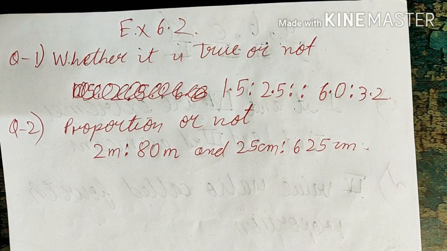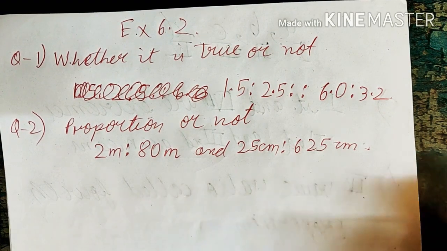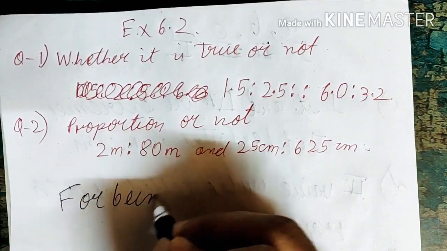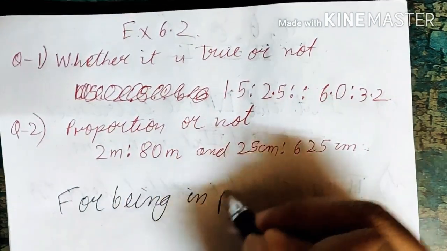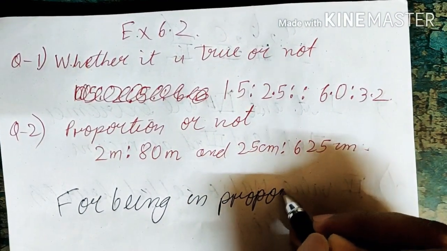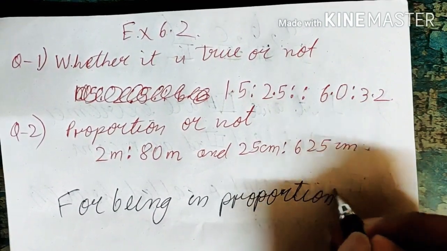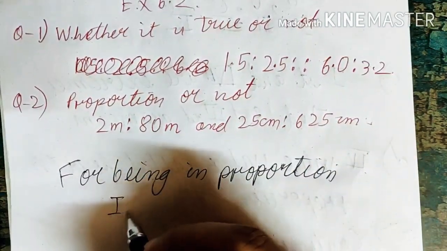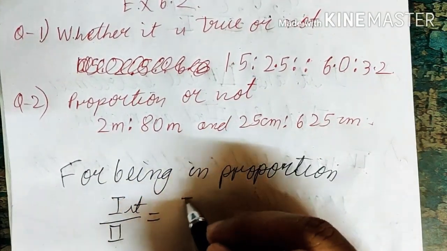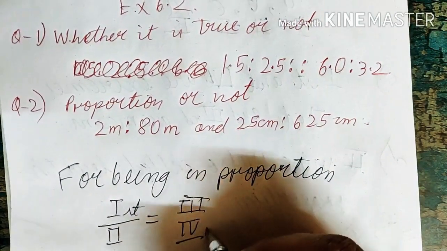So here are the two questions. We have to check whether they are in proportion or not. For being in proportion, I have said that A upon B should be equal to C upon D, that is first upon second should be equal to third upon fourth.